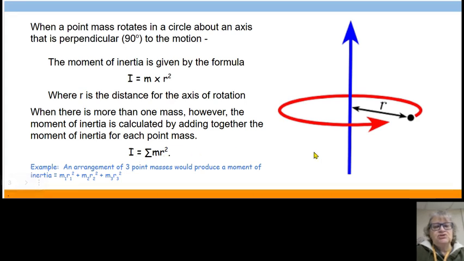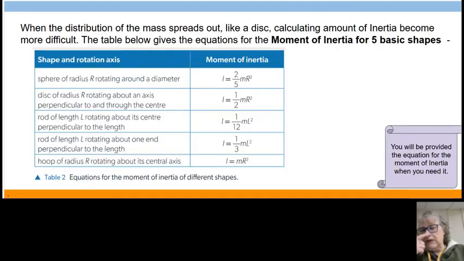So if you had 3 point masses, then you would produce a moment of inertia that's m1 times r1 squared plus m2 times r2 squared plus m3 r3 squared. The masses could be different, the radiuses could be different. It just depends. The good thing is that usually the formula for inertia will be given to you.